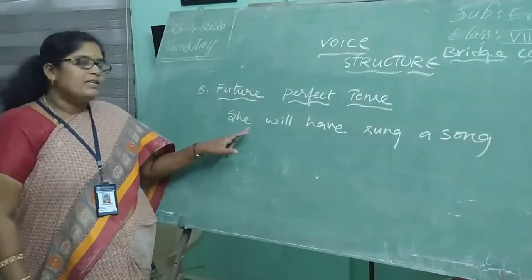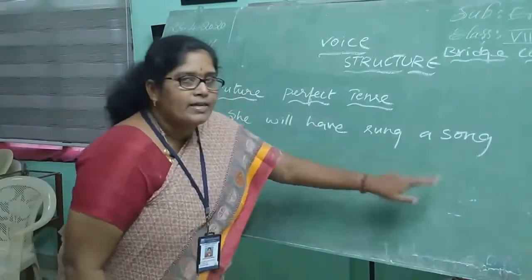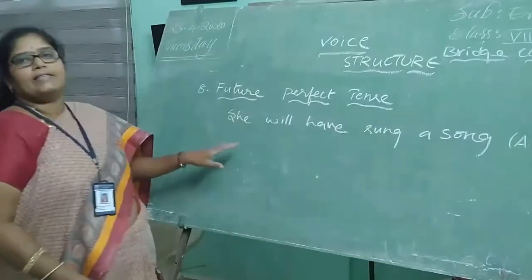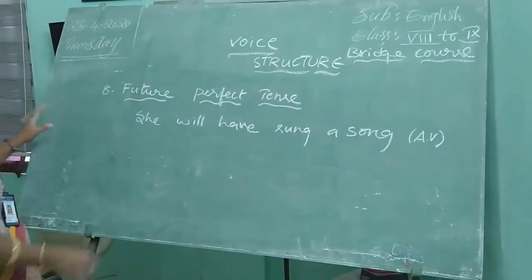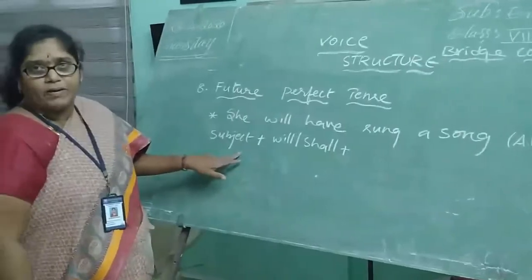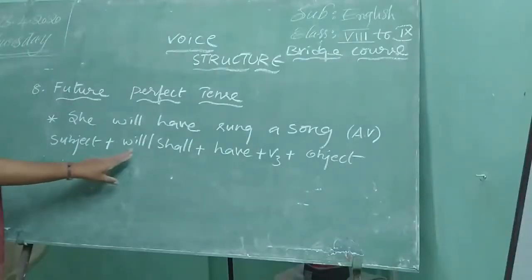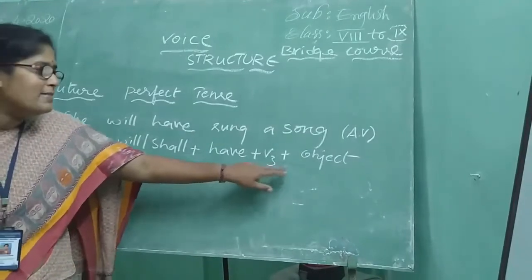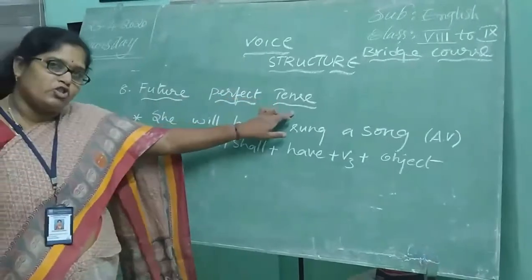The sentence is: she will have sung a song, and the sentence is in active voice. So the structure of this sentence is subject plus will or shall plus have plus V3 plus object. This is the structure of future perfect tense, children.